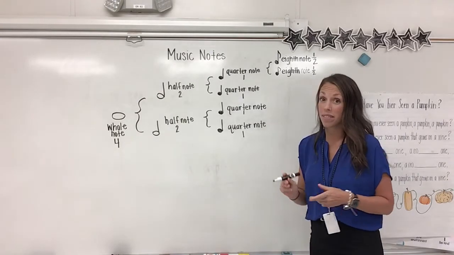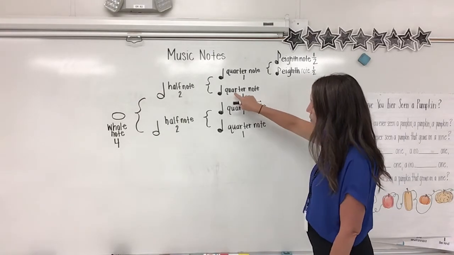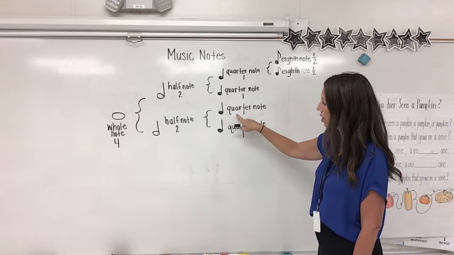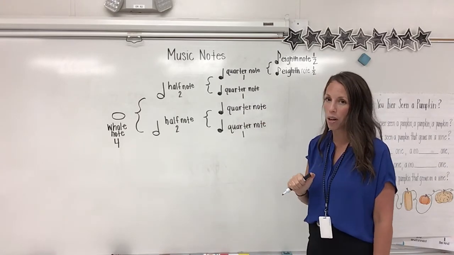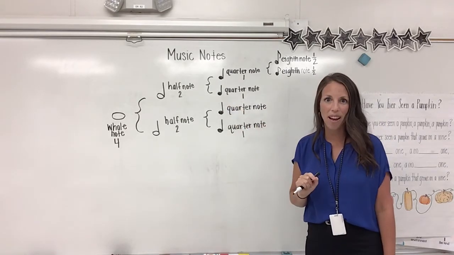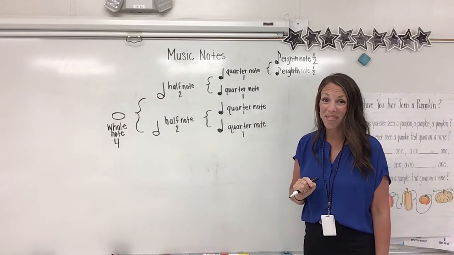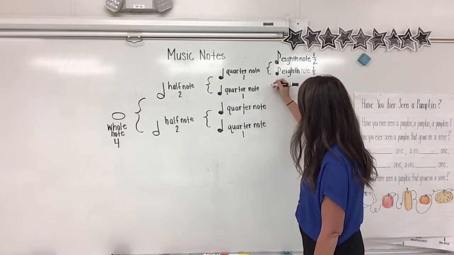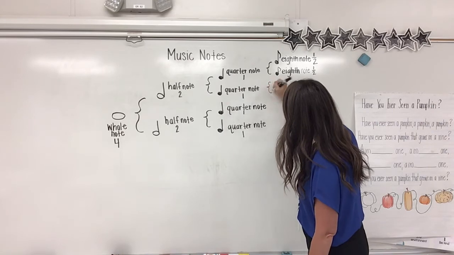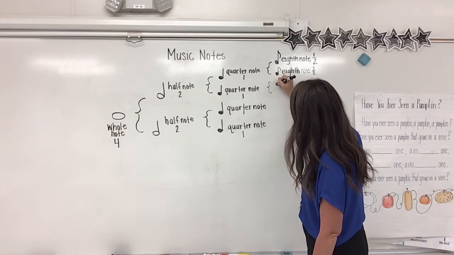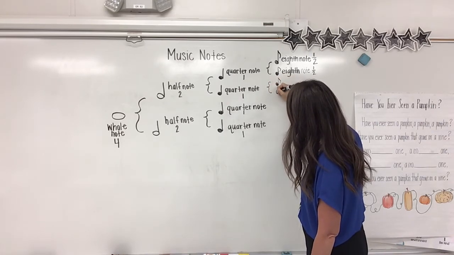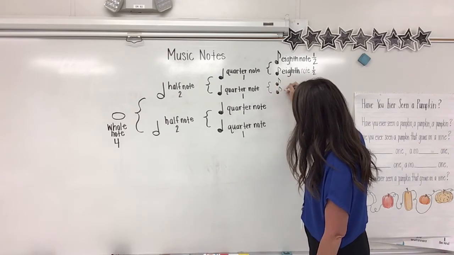So now, what about this quarter note, and this quarter note? Do you see the pattern we have going on here? Right, so this quarter note would break down into 2 eighth notes as well.